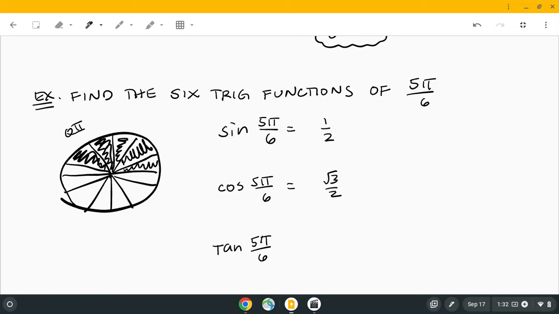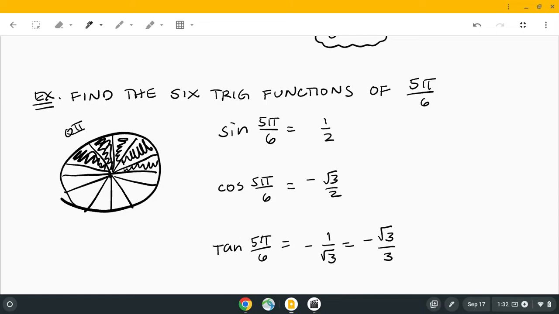It is in quadrant 2, so it will be negative. And then tangent, since tangent is sine over cosine, it is going to be negative, and it will be 1 over square root 3, or so here's one way to look at it. If we rationalize the denominator, then we get negative square root 3 over 3.